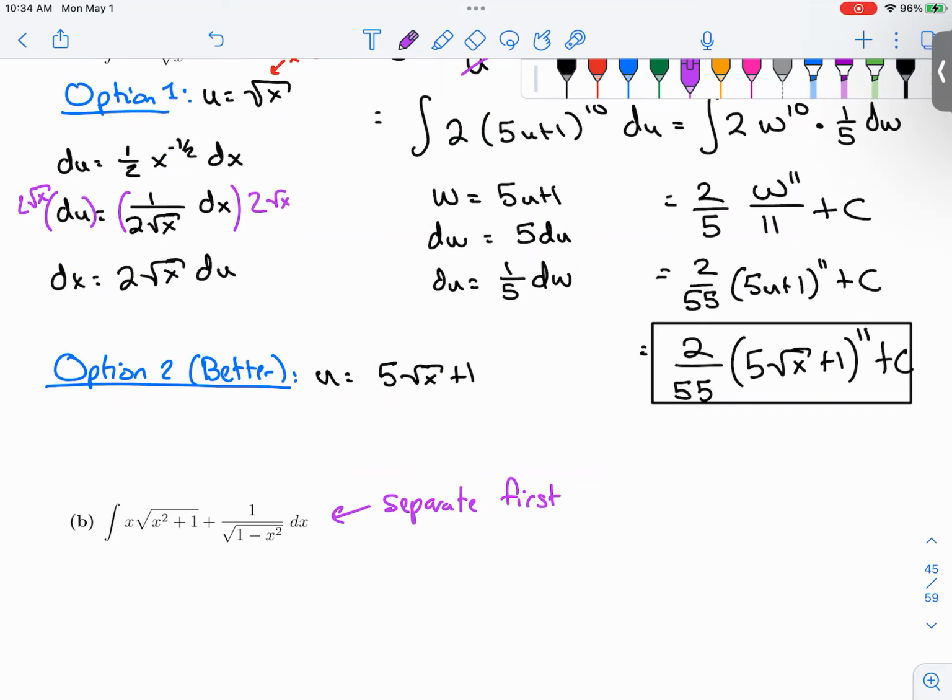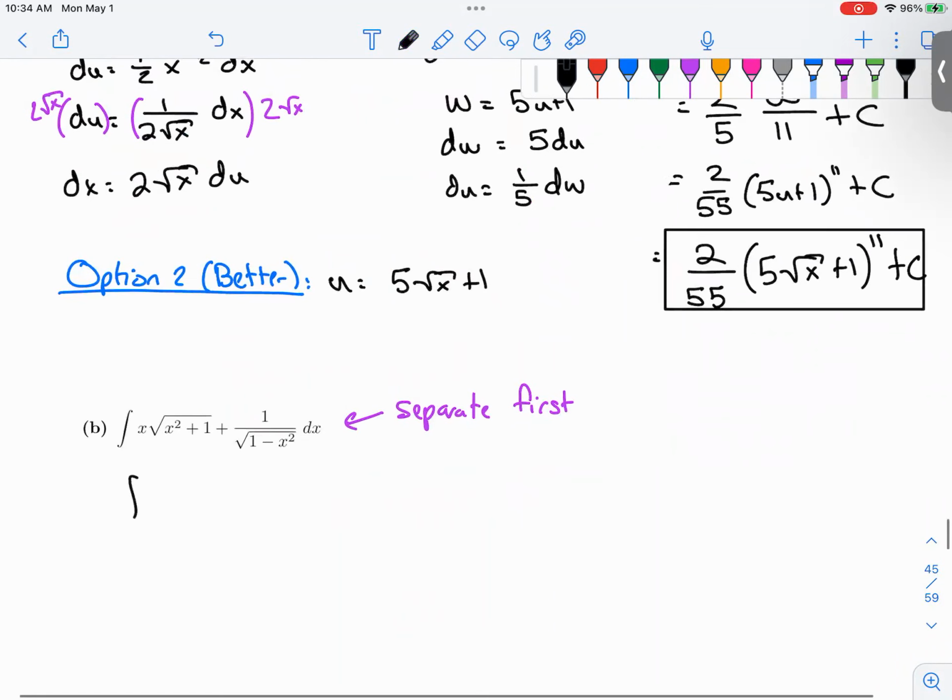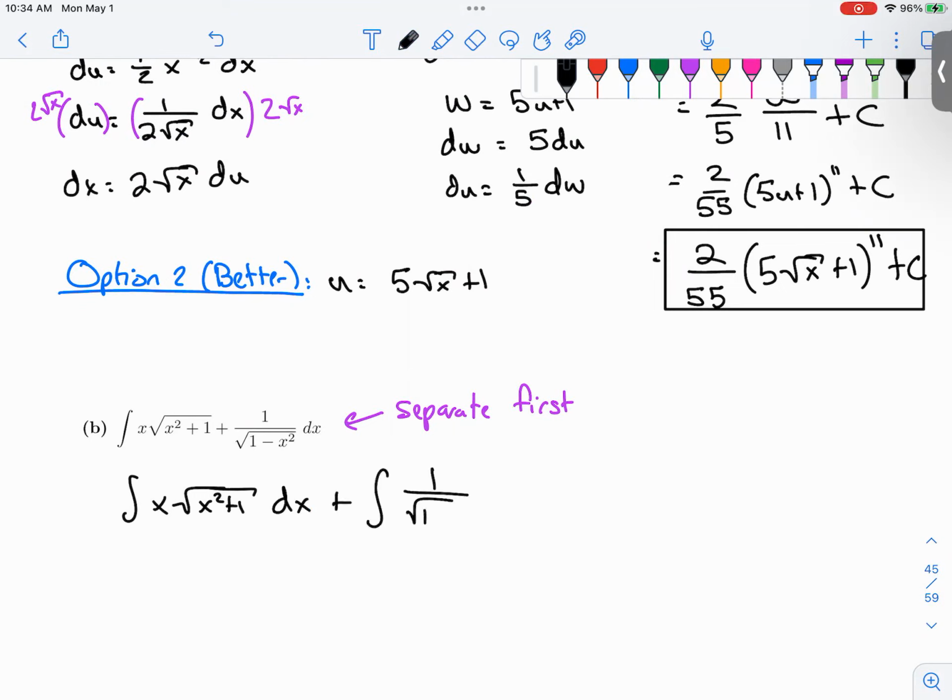That's allowed, but we can't do 2 u substitutions in the same integral, because you only have one variable. So in that case, you need to split it up. We're going to separate this into the integral of x squared plus 1 dx plus the integral of 1 over the square root of 1 minus x squared dx, and we'll look at each one separately.